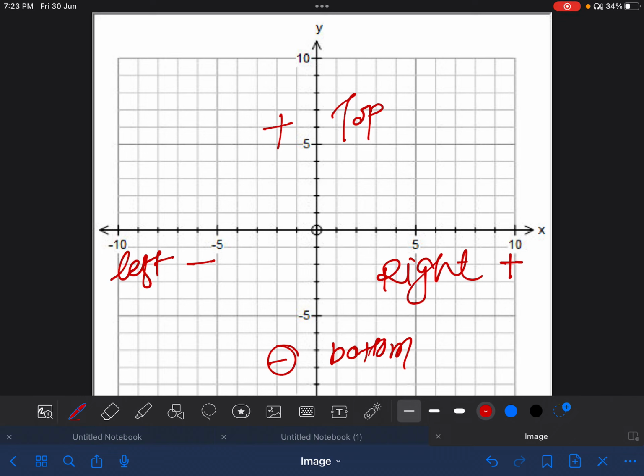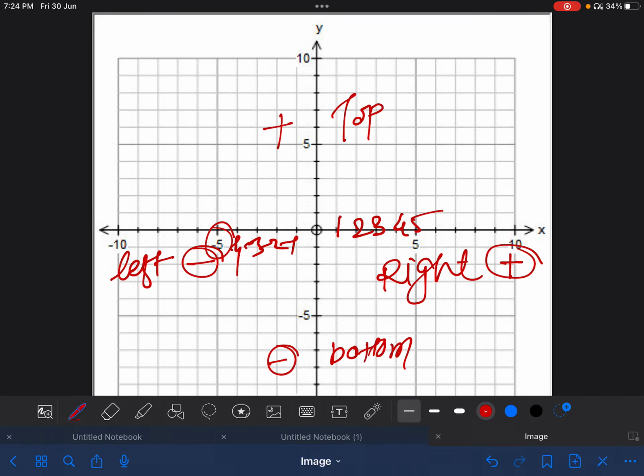So whatever the values are, take for example 1, 2, 3, 4 and 5, all the numbers are positive. Here we also have -1, -2, -3, -4 and -5. These values are all negative.